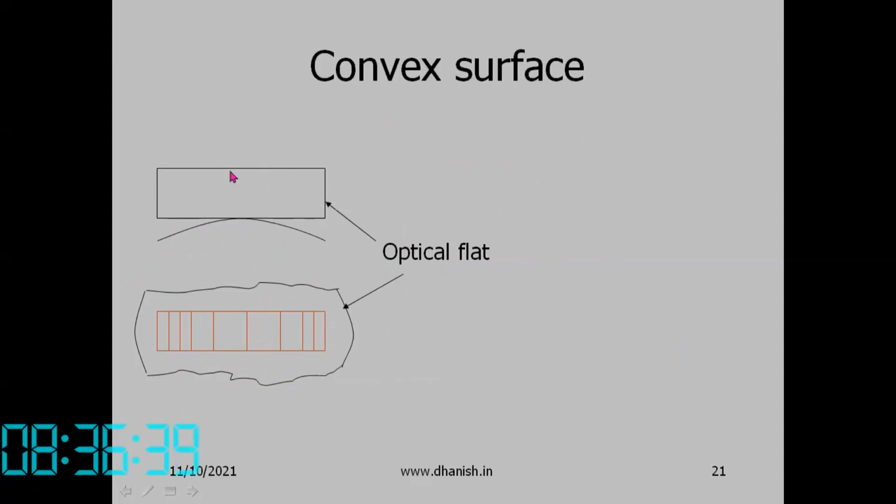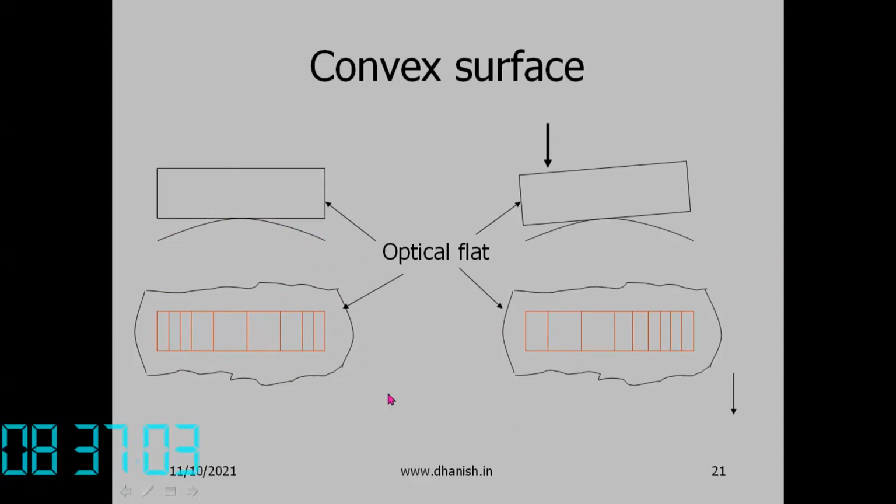If it is convex cylindrical, we will get lines like this. So we will get a fringe of this pattern. Why will the spacing decrease? Because here the rate of the taper is small. As you go, the taper becomes very large. The angle becomes steeper and steeper, and the fringes become very small.